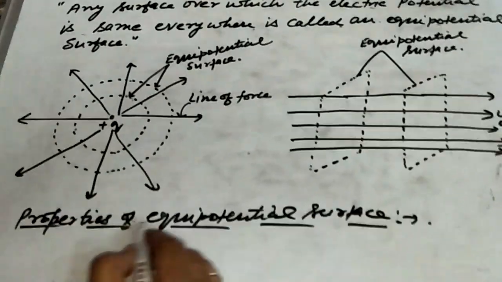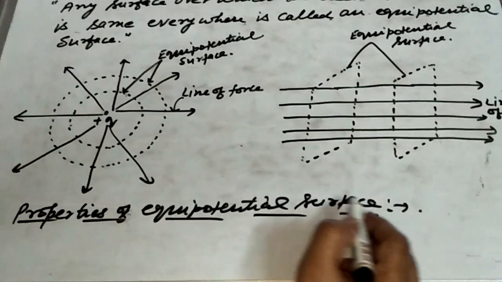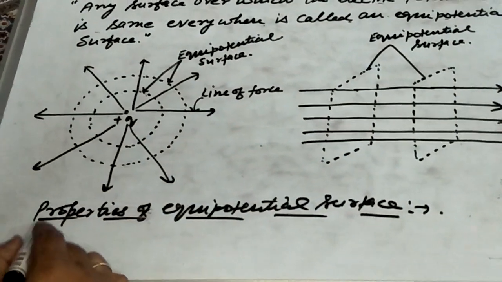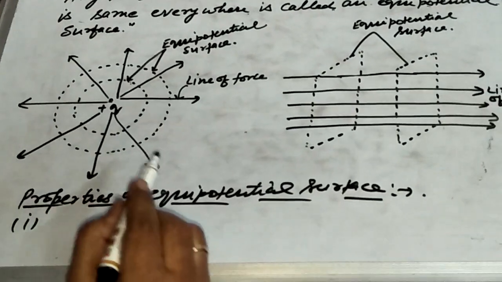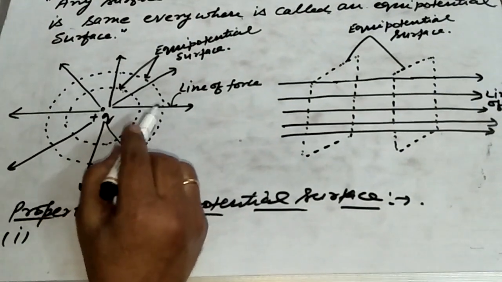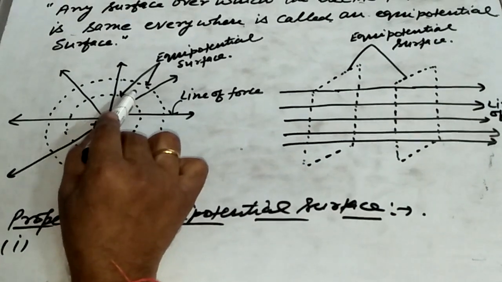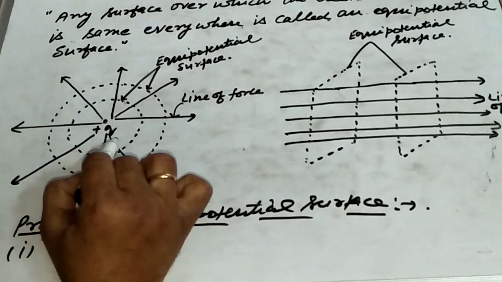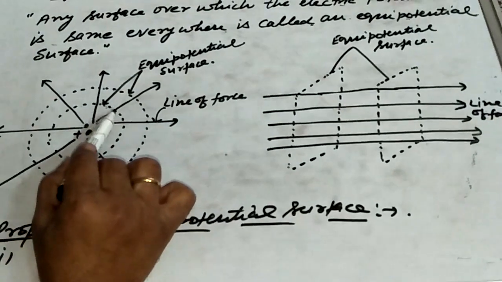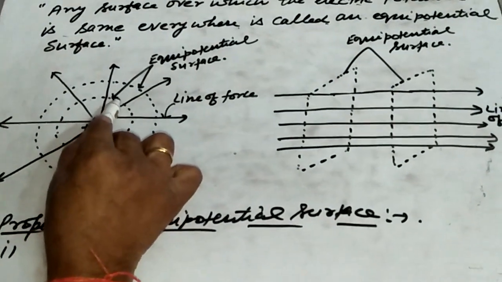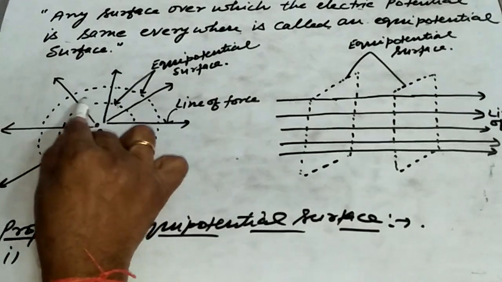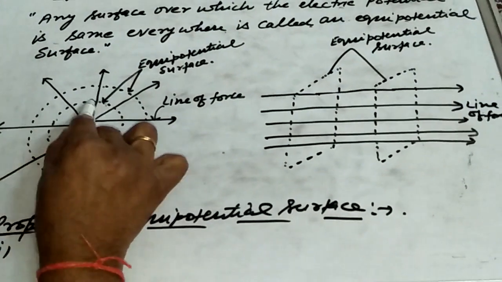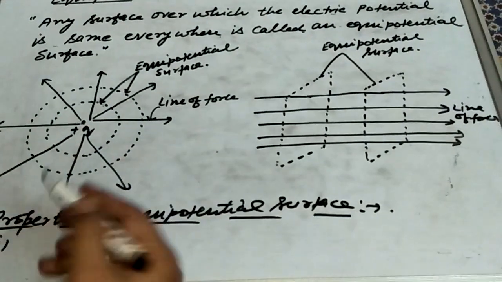So what are the properties of equipotential surfaces? The first property is that no work is done in moving a charge between any two points on an equipotential surface. It means the work done in taking a charge from one point to another on an equipotential surface is equal to 0.